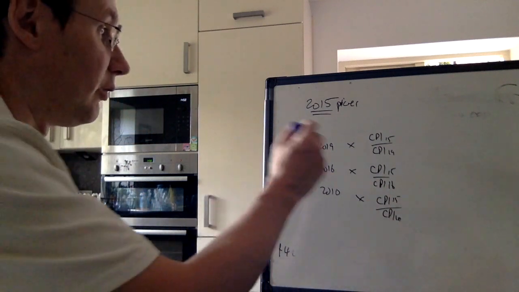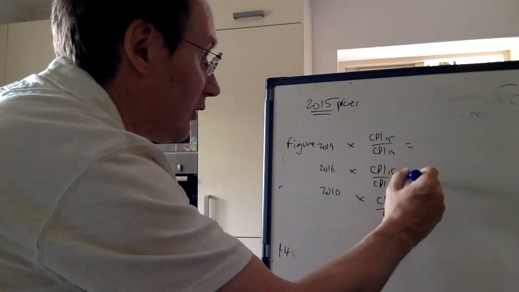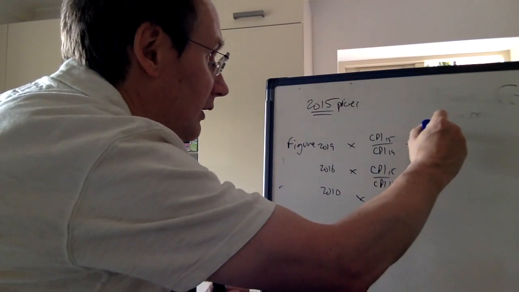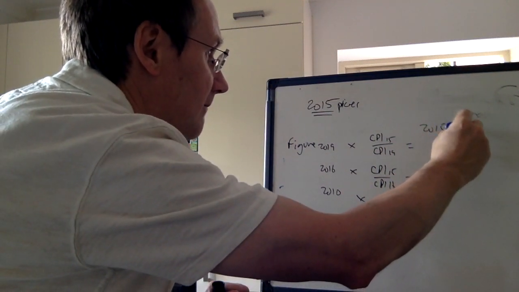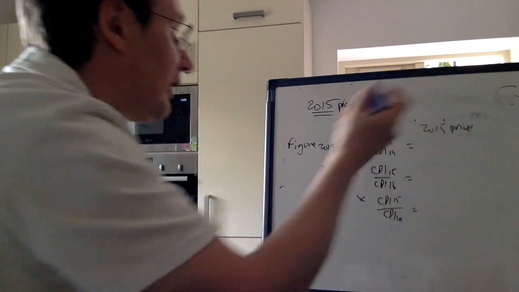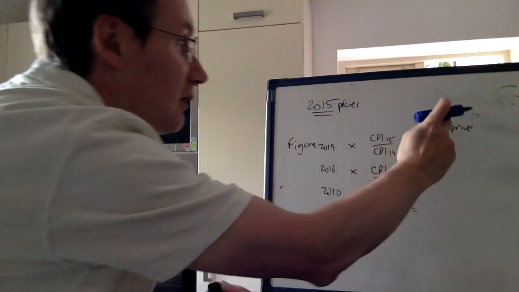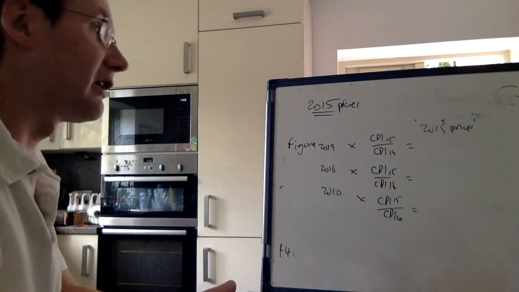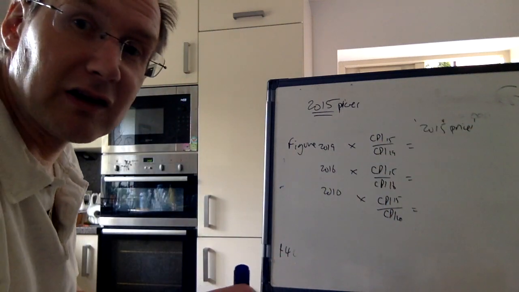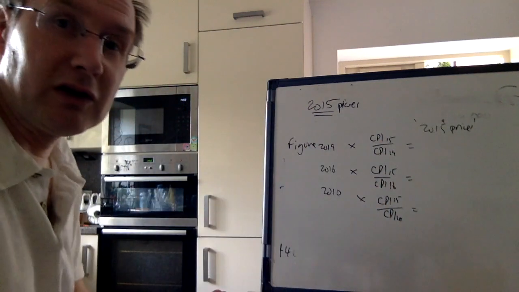In each case, we will have turned that into real terms, into 2015 prices. So we'll have 2019 in 2015 prices, 2016 in 2015 prices, and 2010 in 2015 prices, and then we can make the direct comparison.